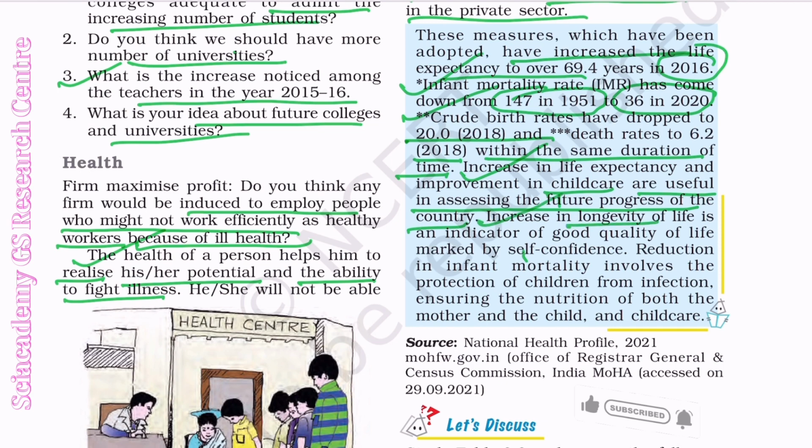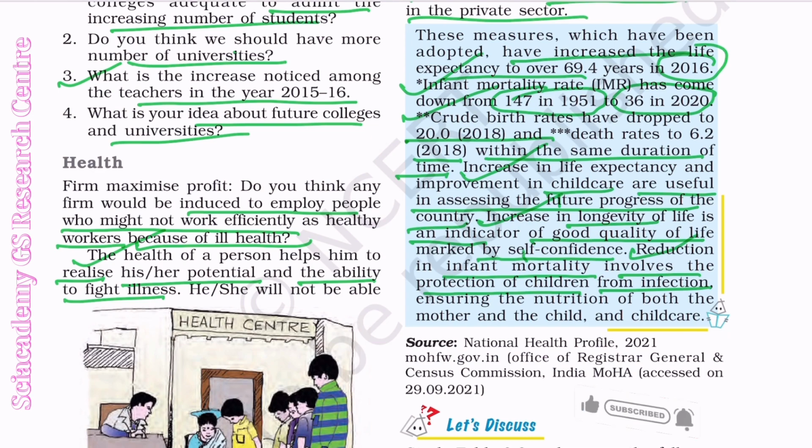Increasing longevity of life is an indicator of good quality of life marked by self-confidence. Reduction in infant mortality involves the protection of children from infection, ensuring the nutrition of both the mother and child care. Source: National Health Profile 2021.